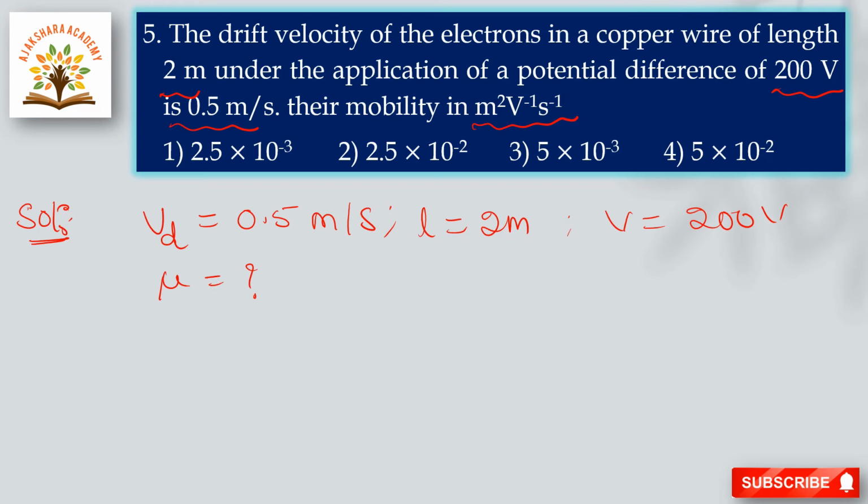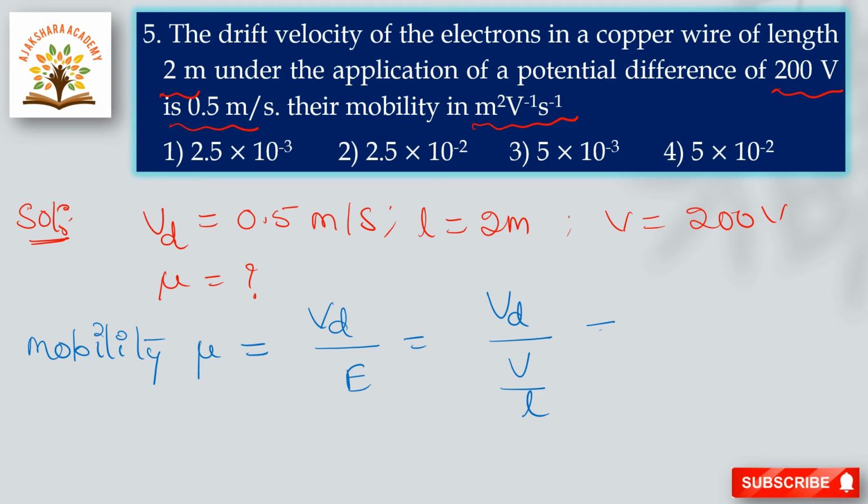So mobility mu is equal to v_d by E, that is equal to v_d by V by L. So that is equal to v_d into L by V. So now mu is equal to, substituting values, 0.5 into 2 by 200.